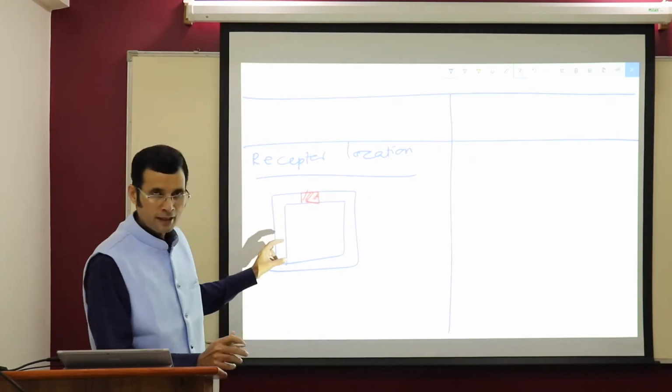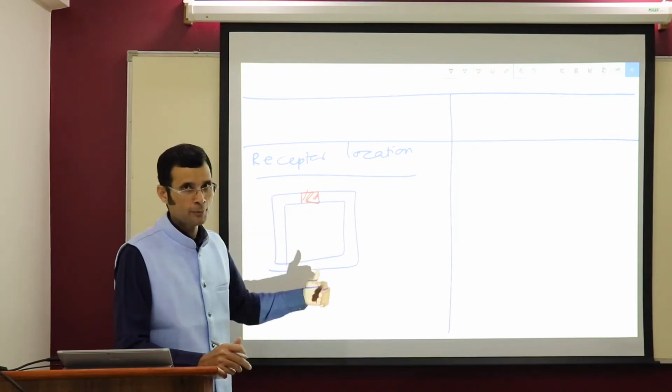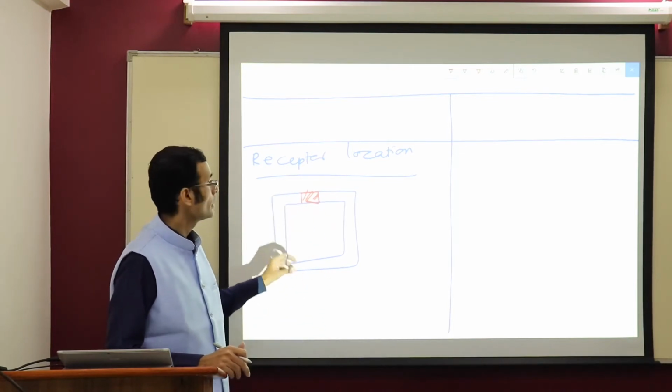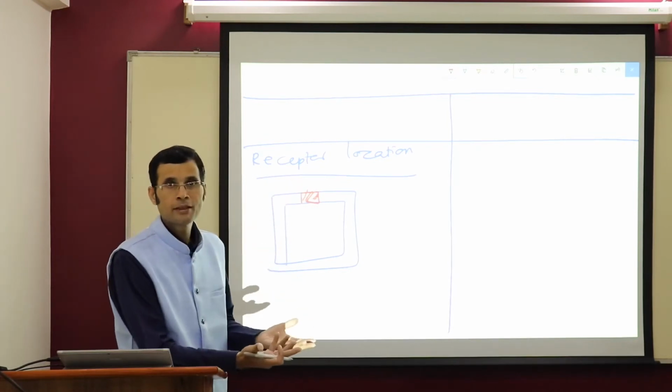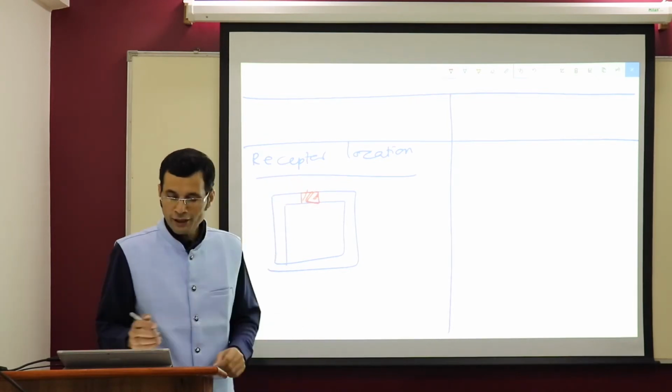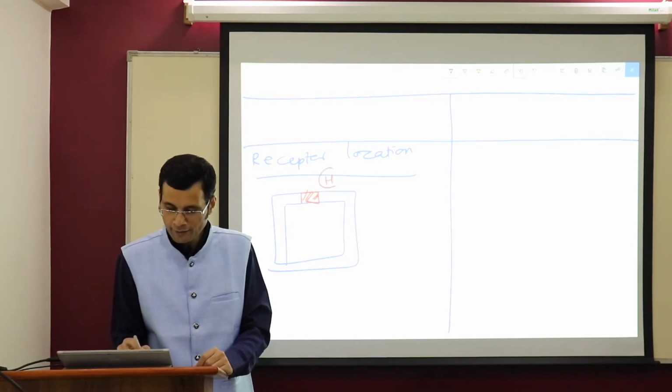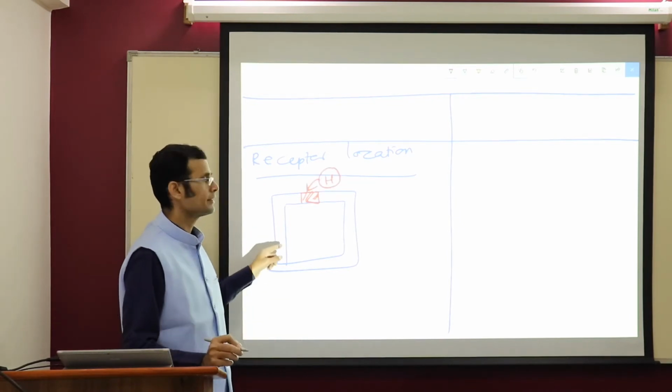The target cell has to be acted upon by the peptide hormone, but it cannot enter the cell because it is lipid insoluble. Therefore, its receptor is located in the membrane itself.